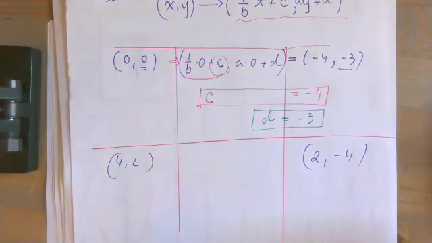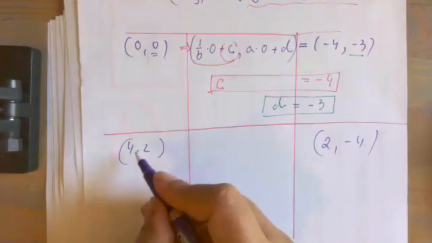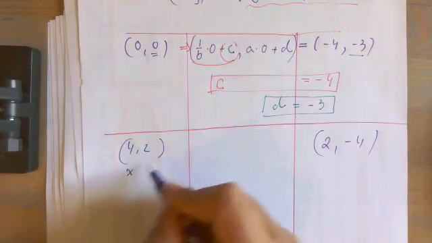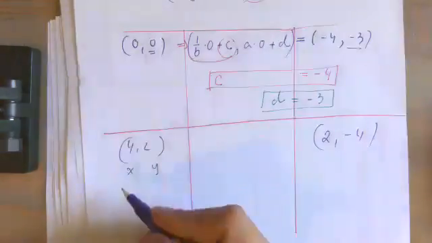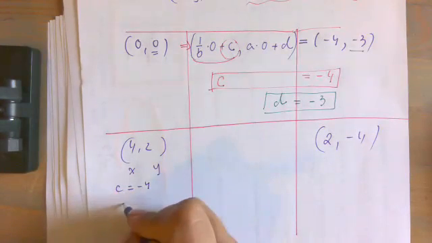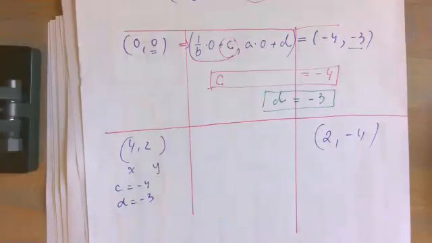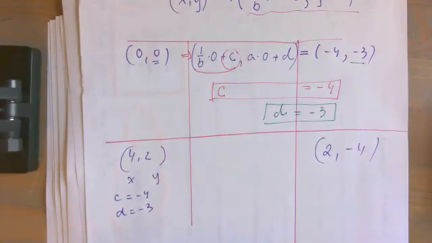Okay. We're going to plug in the 4 as an x and the 2 as a y into the formulas here. But we also know what C is. C is -4 and D is -3. So let's see what happens.